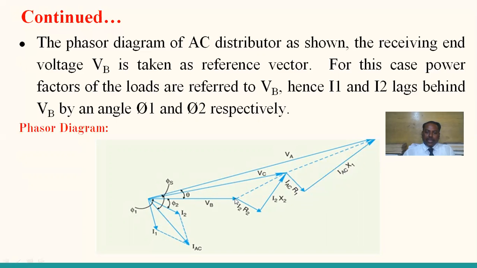It is the receiving end voltage plus the drop in the second section plus the drop in the first section. So, VA is equal to VB plus the drops. Yes, this phasor diagram is very clear. The receiving end voltage VB is taken as a reference vector, and the power factors are lagging. The currents lag behind by angles φ1 and φ2. Based upon this, the drops are to be indicated, and the sending end voltage is to be calculated.